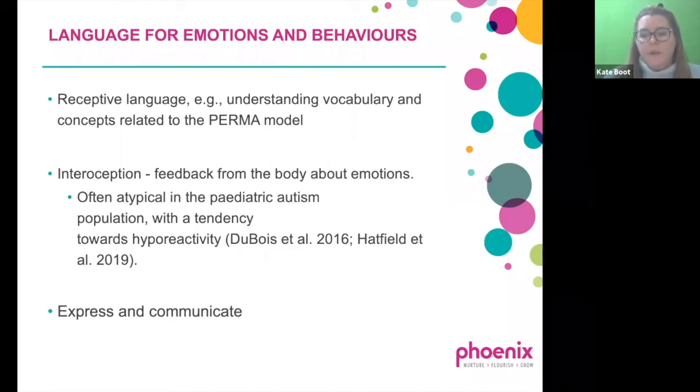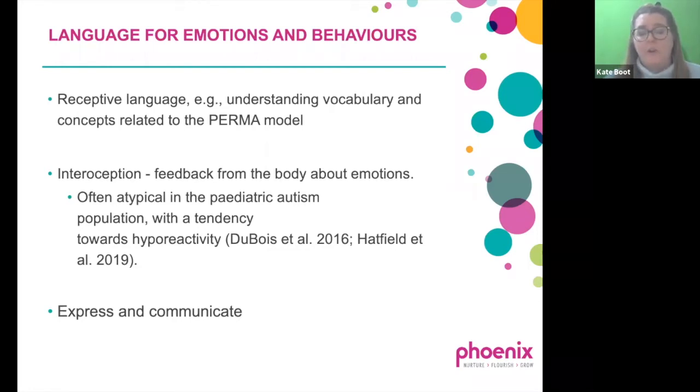And so if we can't interpret our sensory experiences from inside our body, link that to the language of emotions and then develop self-regulation strategies, it's going to be a lot harder to engage in this process if you don't know what things mean for you from a bodily level, from a sensory perspective, and then have the language.